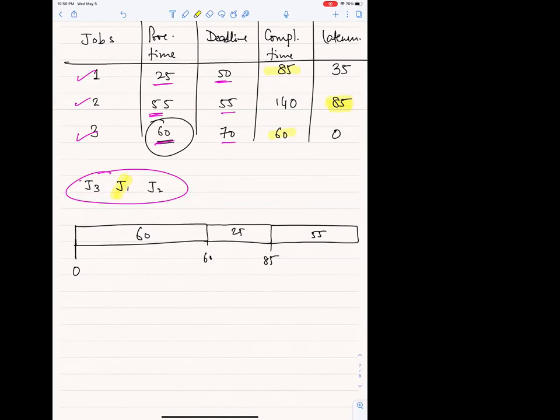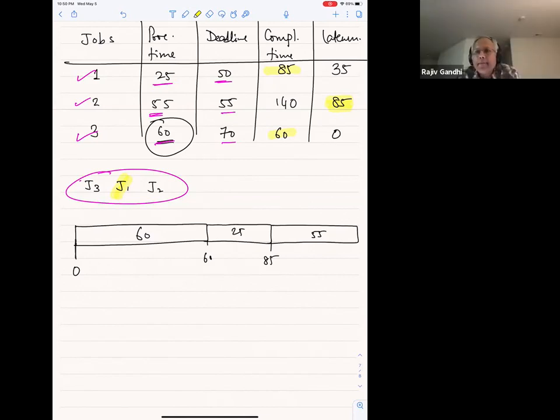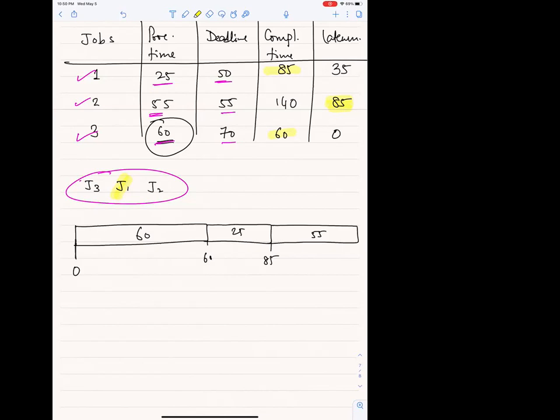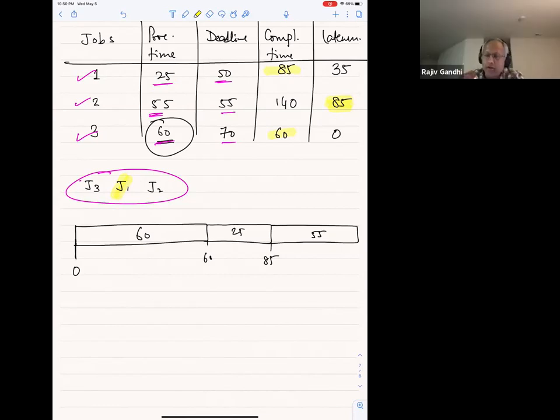Lateness of job 1 is the completion time, 85, minus the deadline, 50, so 35. Similarly, 140 completion time minus 55 deadline. You have to complete your job by the deadline. Very good. Okay, that's enough.